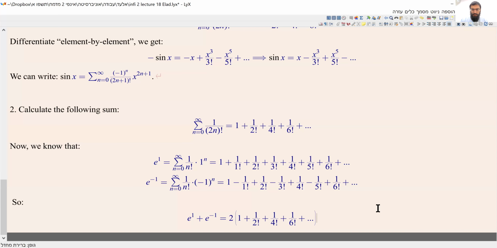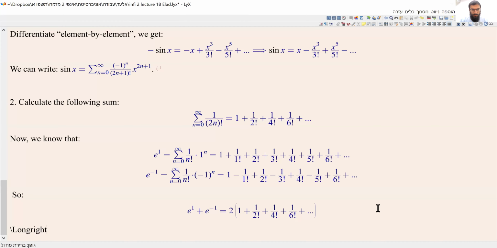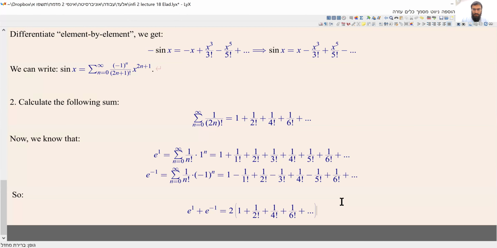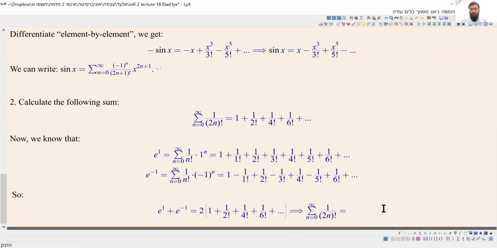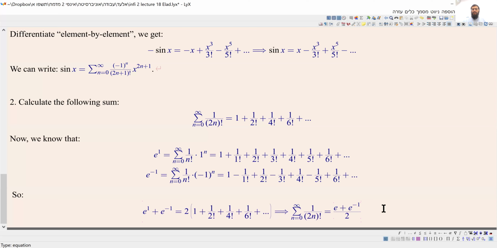So our tricky sum equals e plus e to the -1 above 2.